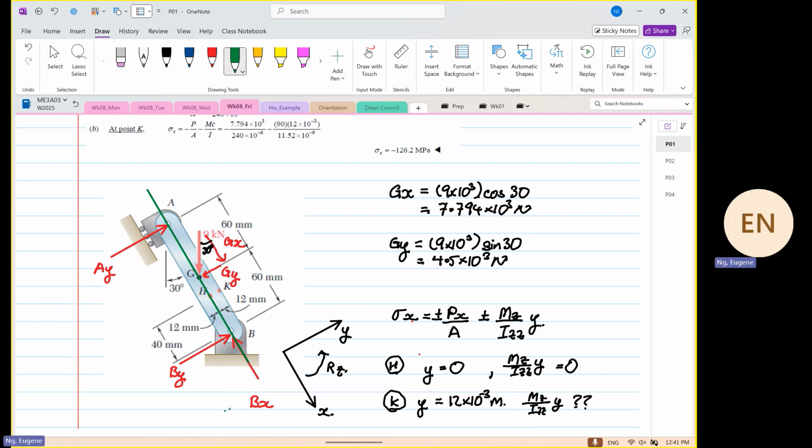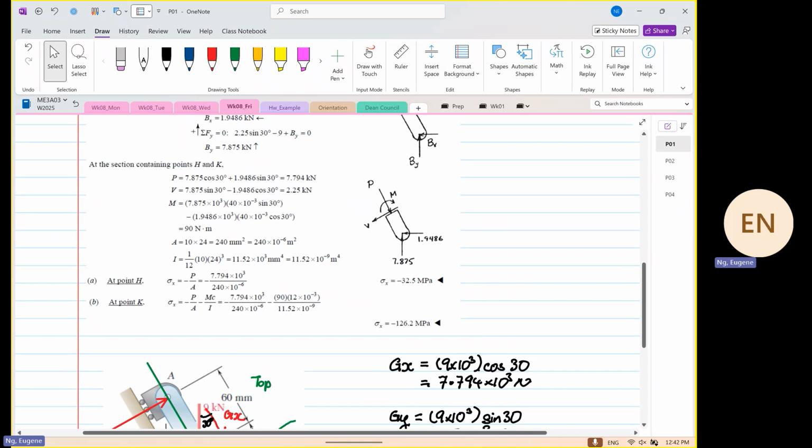The points of interest now are element H and element K. I'm going to draw a perpendicular line through them, and I'm going to call this our top. Below the green line, we are going to consider the bottom.